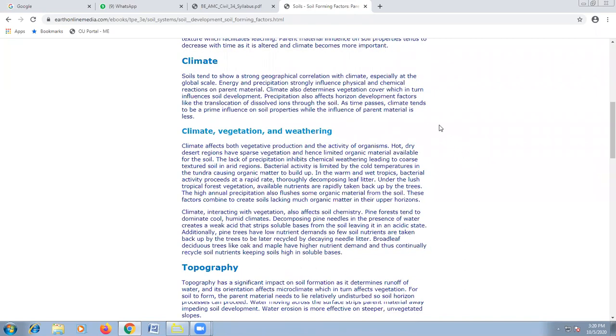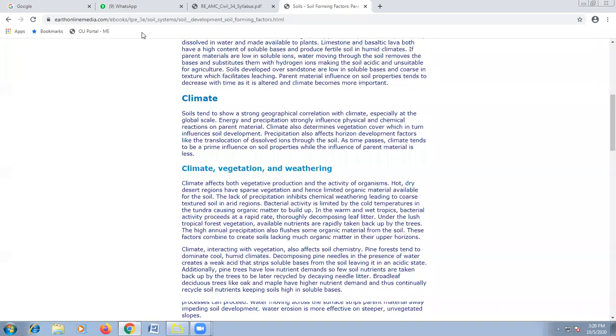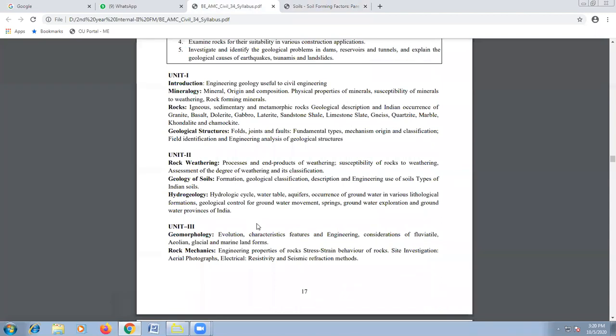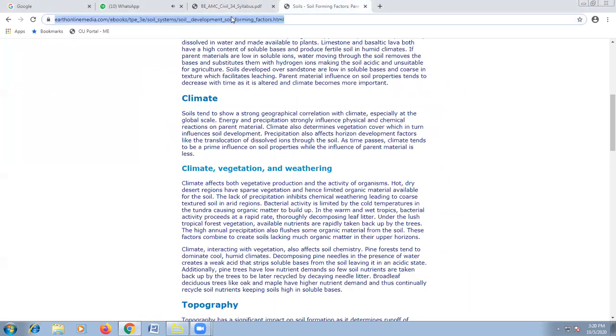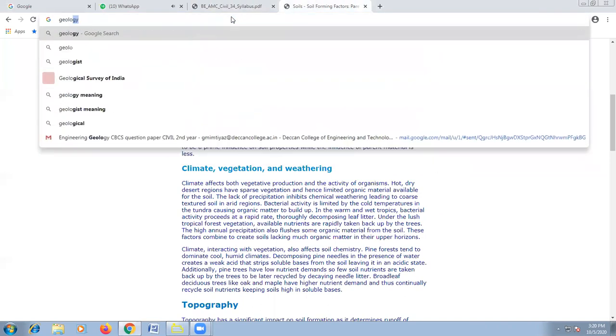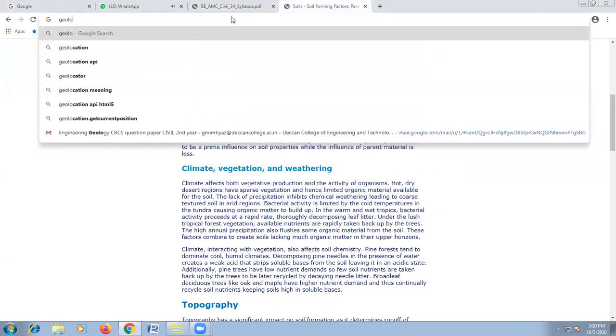Then let us look at a very important topic known as classification of soils. Classification of soils is very important, and the first classification of soil is known as geological classification.